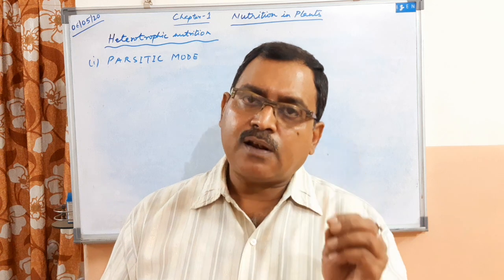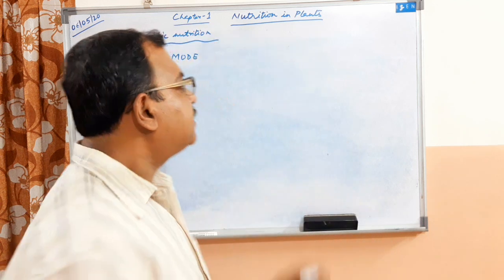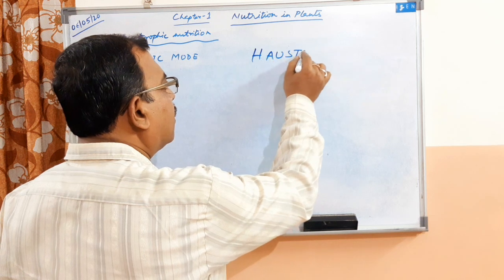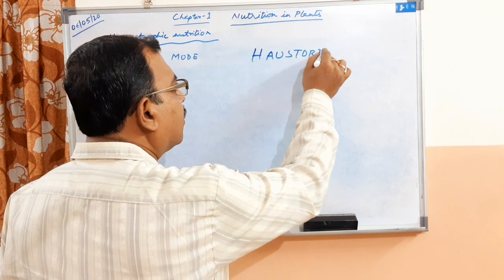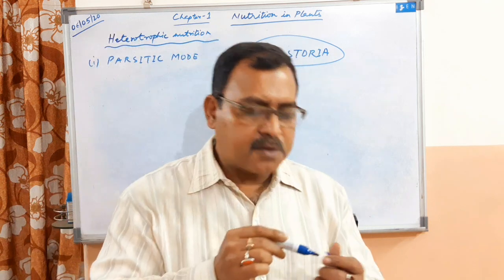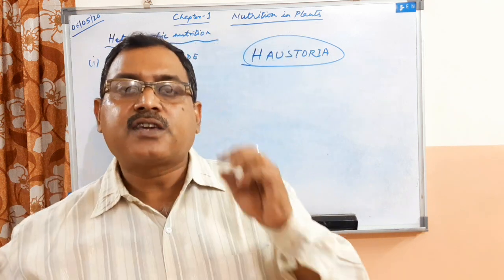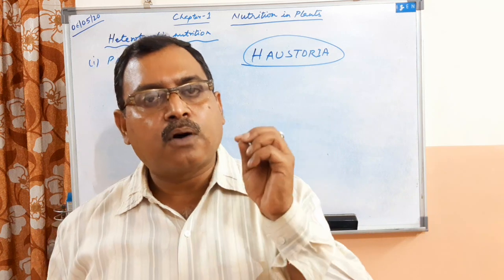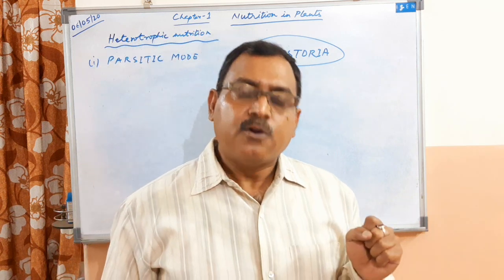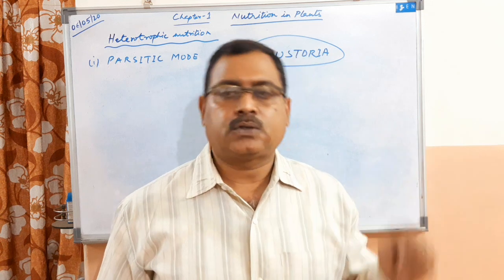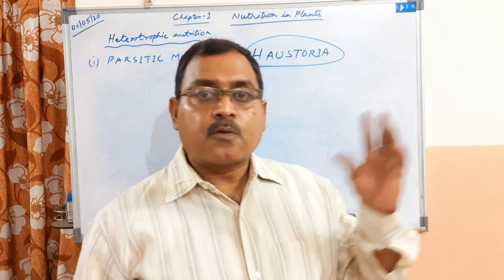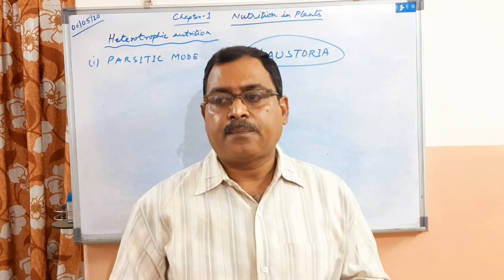So this special type of root is called haustoria. So special roots which are present in parasitic plants, which are capable of penetrating through the body of the host and absorbing nutrients from the host, are called haustoria. So parasitic plants are provided with these haustoria.